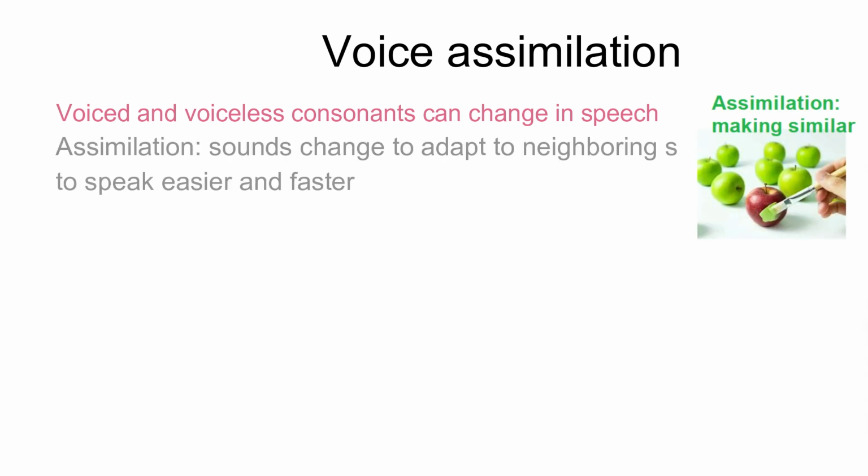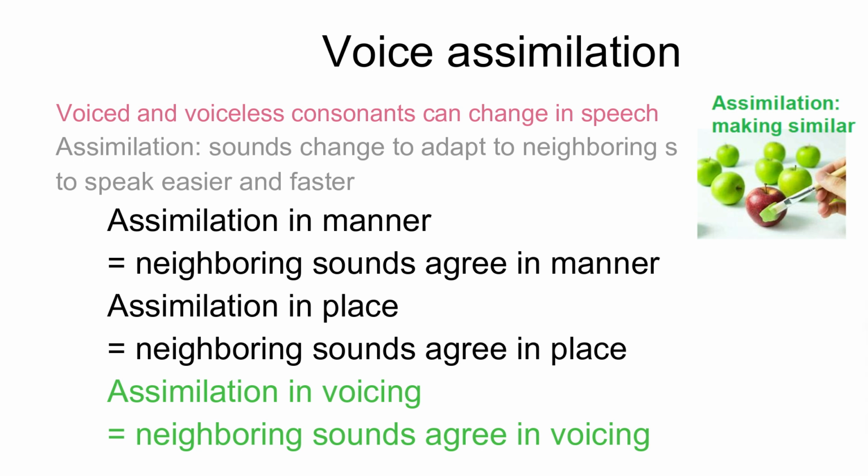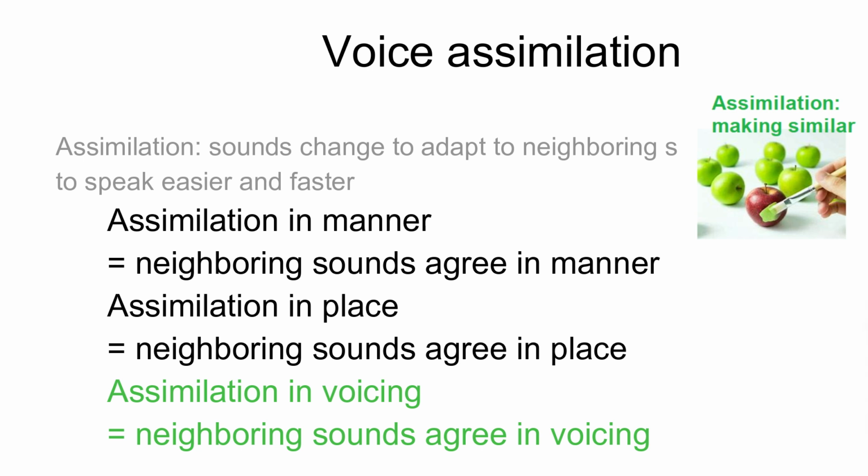Assimilation is a phonological process where sounds change to adapt to neighboring sounds. Assimilation happens for various reasons, like an assimilation in manner or place. An assimilation in voice means neighboring sounds agree in voicing. The assimilation of voice happens because the vibration of the vocal cords is not something that can be switched on and off very swiftly.